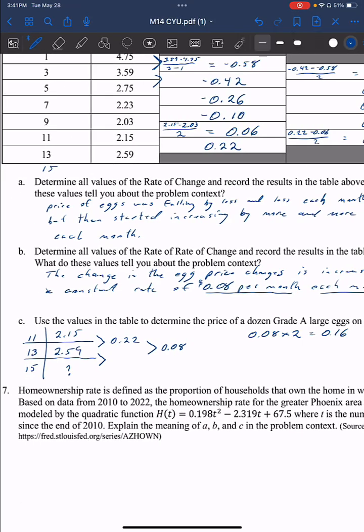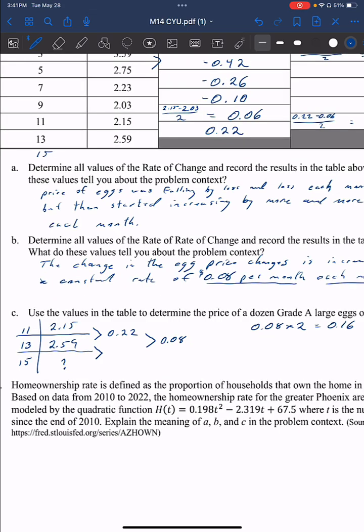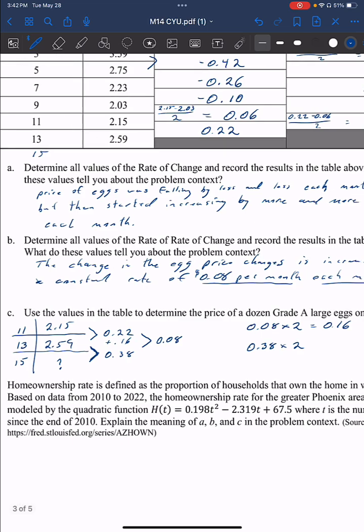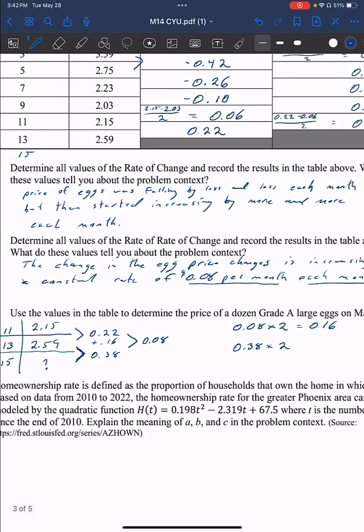So if this is telling me that over a 2-month period, the change in the price of eggs increased by 16 cents, I would add 0.16 here to get 0.38. So now I know the rate of change between January and March, but that's a per month rate of change. So I have to take that per month rate of change, multiply it by 2, because my table is counting by twos.